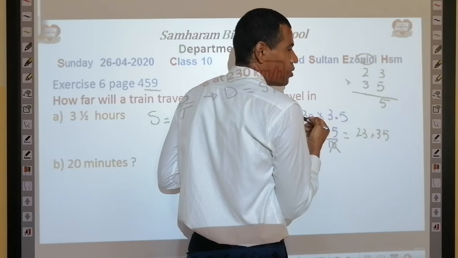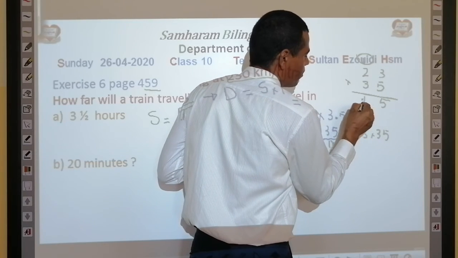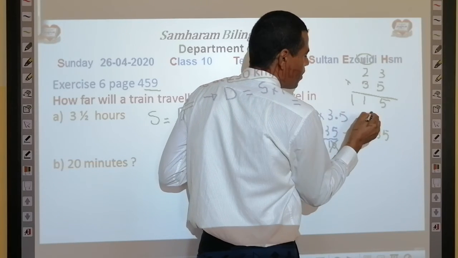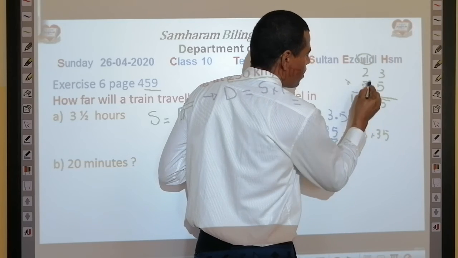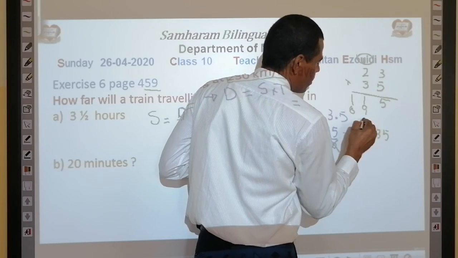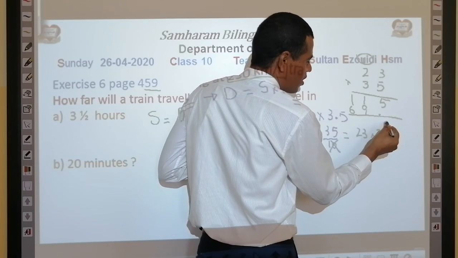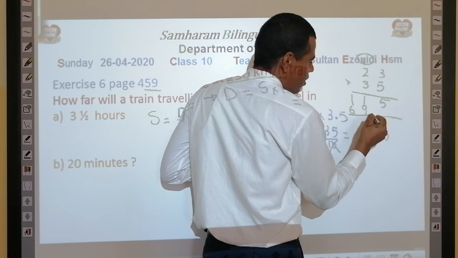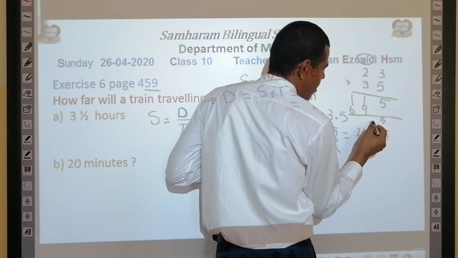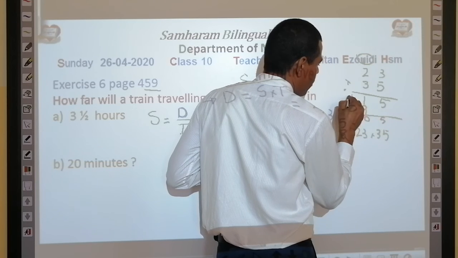Then 5 by 2, 10 plus 1, 11. Then 3 by 3, 9. 3 by 2 is 6. Then I will add, okay? So 5 I will just write it. This is 9 plus 1 is 10. I will carry 1.